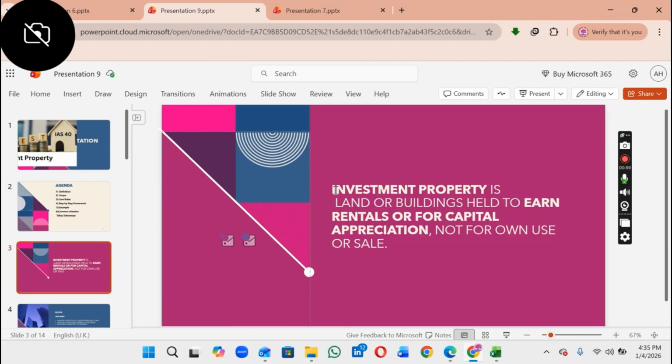Okay, now we have the definition of IAS 40. Investment property is land or building held to earn rentals or for capital appreciation, not for own use or sale. So it is very clear from the definition what type of property will be recorded in IAS 40.